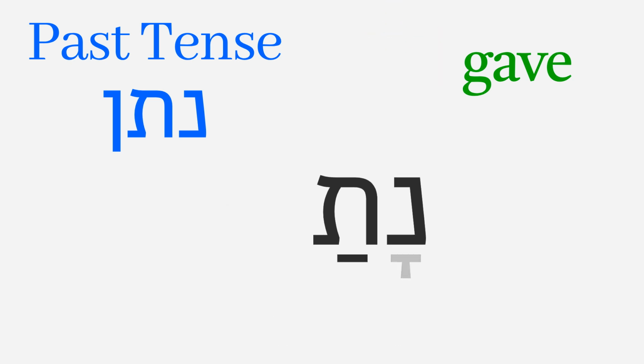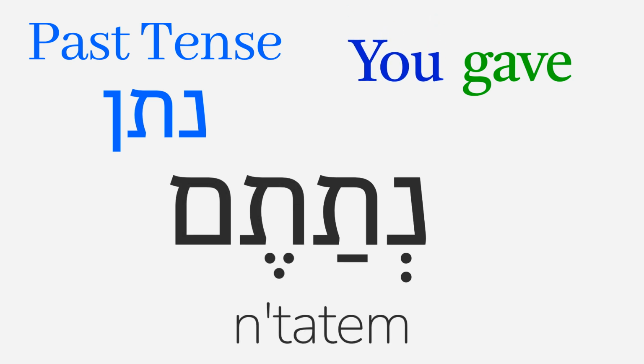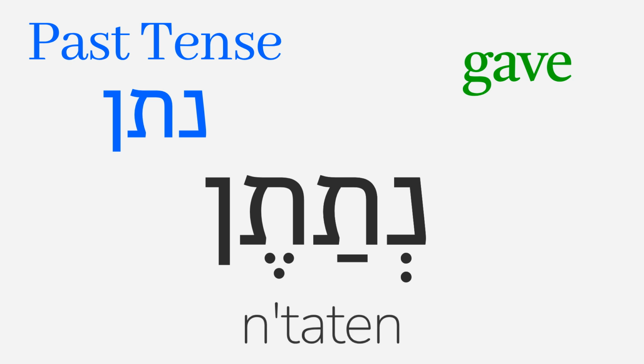Shortening the first vowel to a schwa and adding tem, we get natatem, you gave masculine plural, and adding ten, we get nataten, you gave feminine plural.